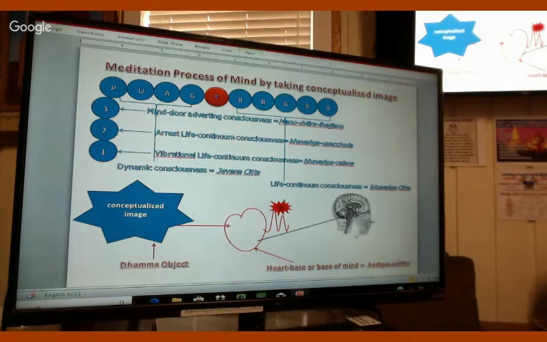Just like this, if we stop objects, then that's the moment of enlightenment. So here, the mind makes a decision, an adhitthana: the material object connects with that kind of conceptual image, which connects with the material kasina.